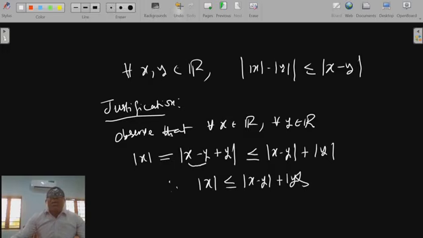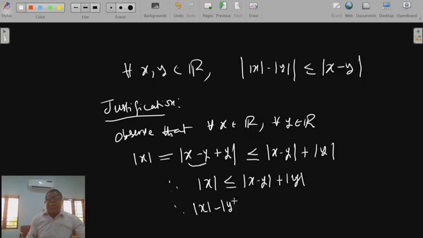And from which we get, therefore, that absolute value of x minus absolute value of y is less or equal to absolute value of x minus y. I may label this 1.